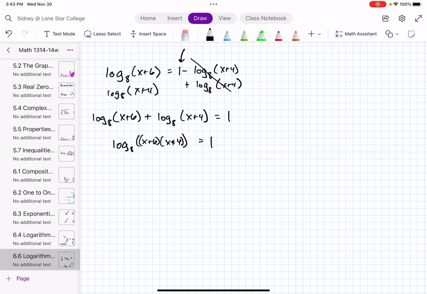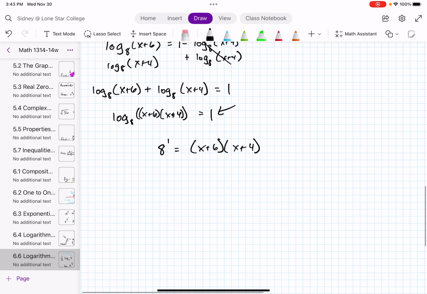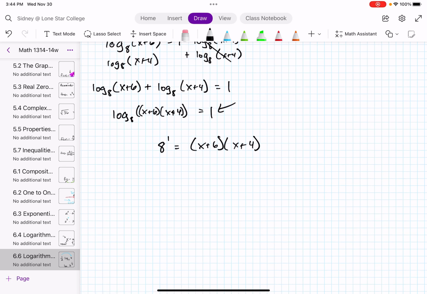Now I can put this into its exponential form: 8 to the power of 1 equals x plus 6 times x plus 4. Once again, we're getting a quadratic. If I multiply that together, I get x squared plus 4x plus 6x plus 24. All that is equal to 8.